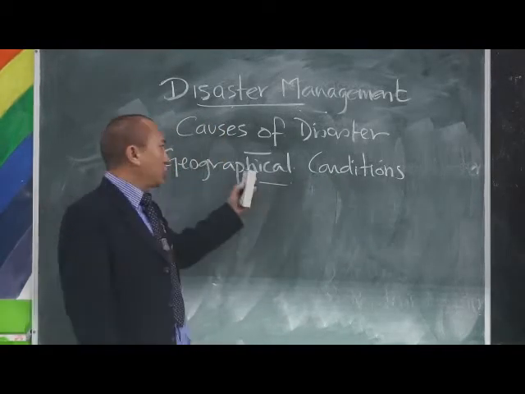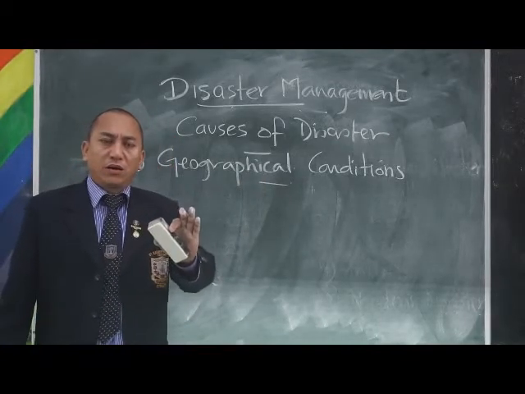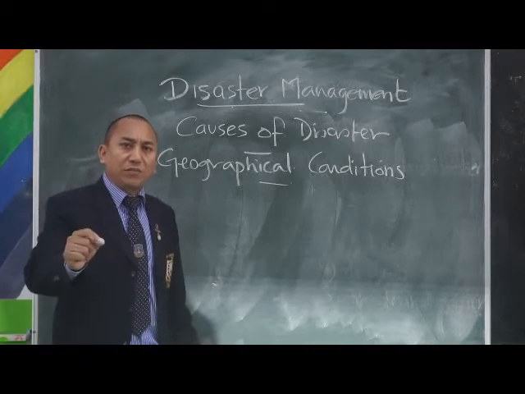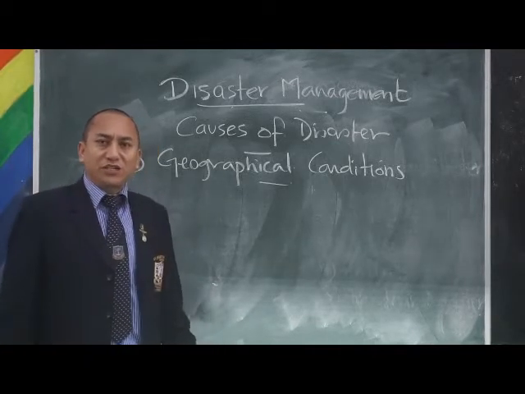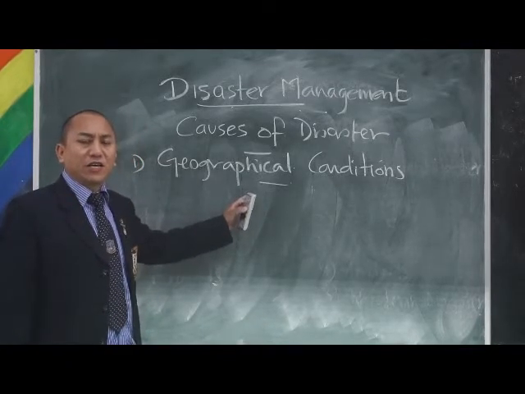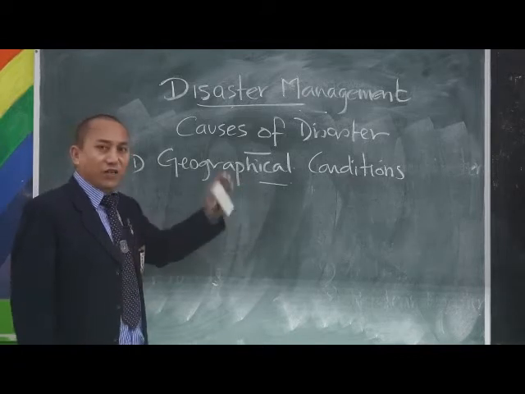Under this, I've just told you, the desert regions, because of the lack of rainfall and the high temperature, droughts take place, which creates very difficult conditions for living beings to survive. So that is one of the geographical conditions.